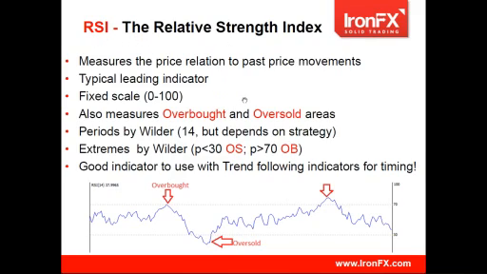Now this is going to measure the price relationship to the previous price movements. So this is a typical leading indicator. As you can see here, here's an example of the 14 period RSI. It also has two extreme levels. One extreme level is the 30, and the other extreme level is the 70. This is basically the default setting.